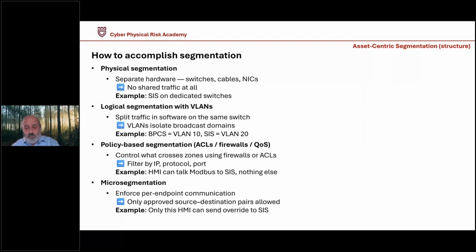Because, for example, we like that the operator has always the highest priority, so that he can intervene whenever necessary and is not hindered by maybe a backup going on in the system. So we need to also prioritize traffic.